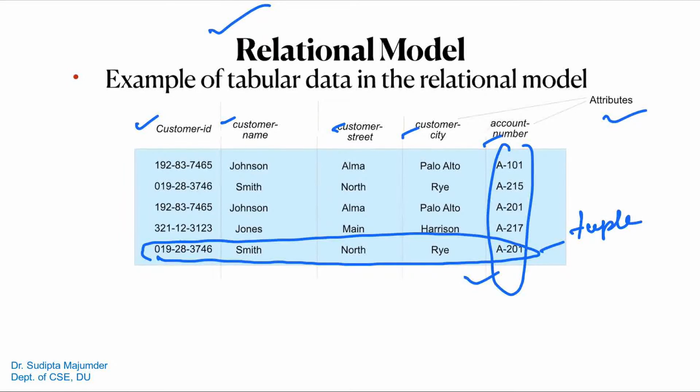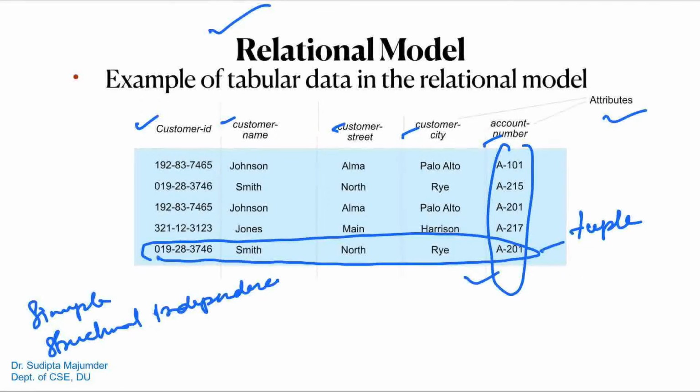There are advantages of such types of models. For example, it is very simple. The second one is structural independence. This means the relational data model does not depend on a navigational data access system. Changes in the database structure do not affect the data access.